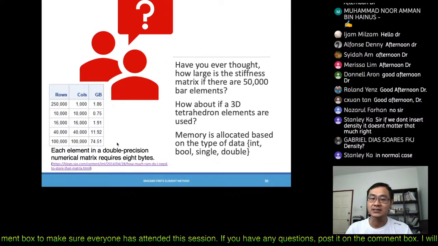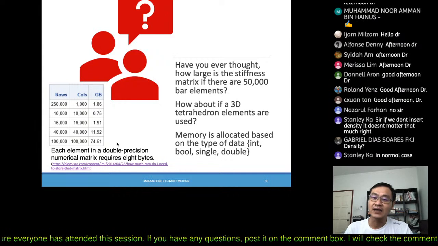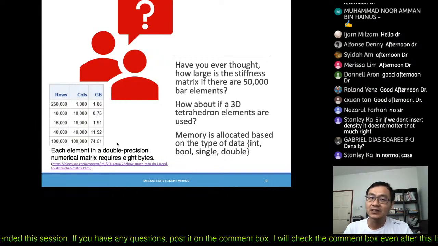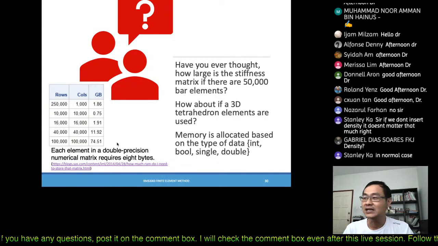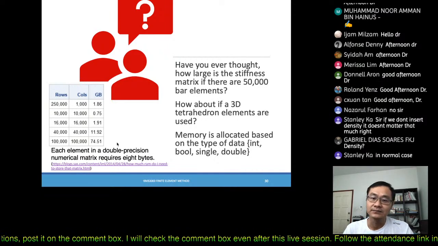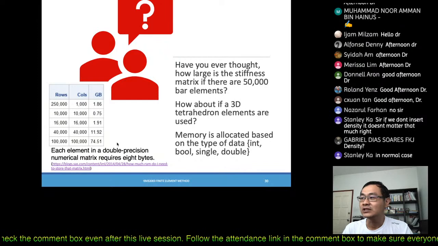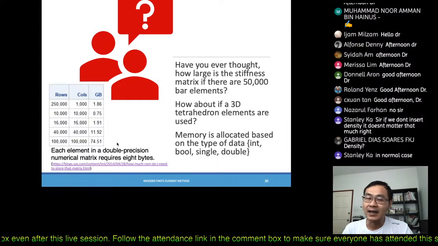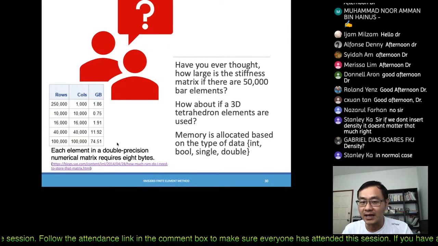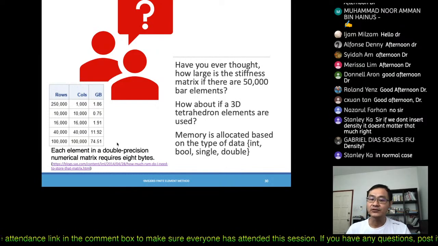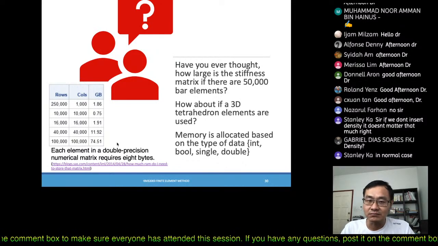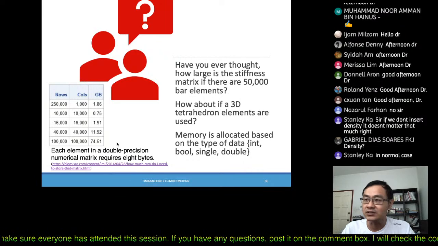How large is it, if you are having 50,000 bar elements, let's say? And how about if we are not using bar elements, but tetrahedron elements? The memory will tremendously increase.